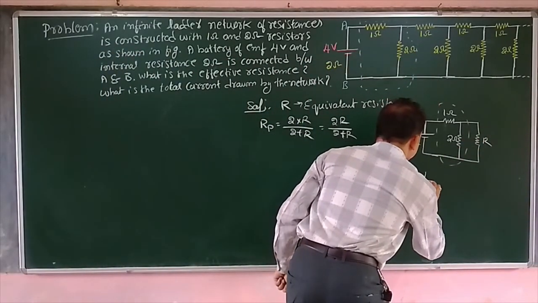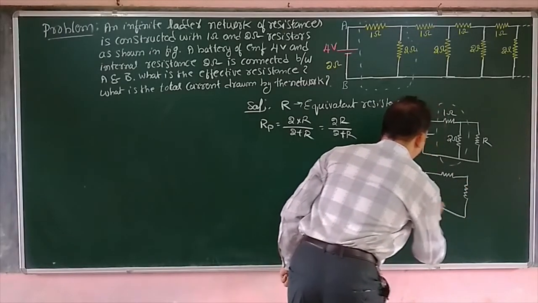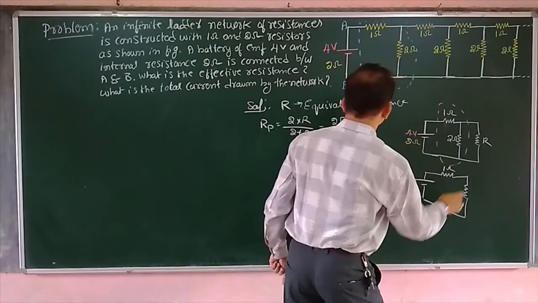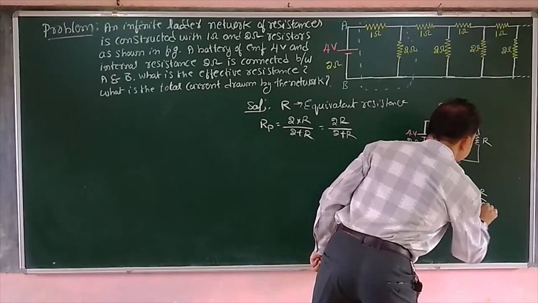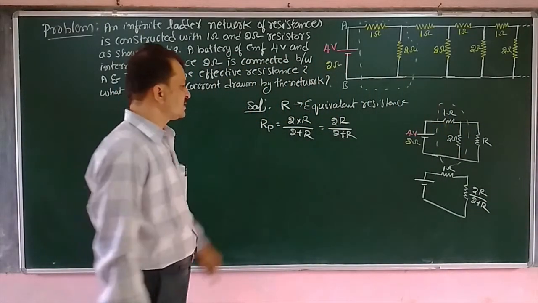Therefore the circuit reduces to 1 ohm and 2R divided by 2 plus R. Now those two are in series.